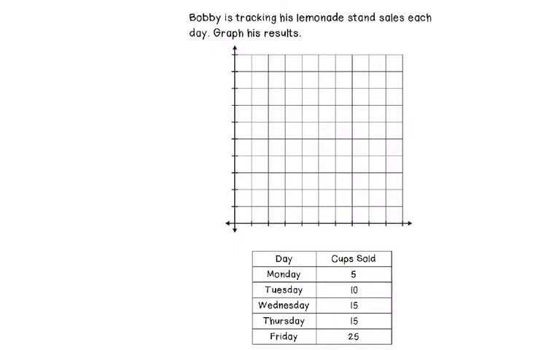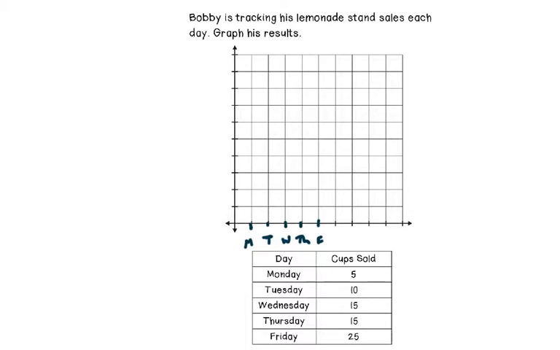In this case, Bobby's tracking his lemonade stand sales each day, and so we're going to graph his results. And if you'll notice here, there are no numbers for the days. It just says Monday, Tuesday, Wednesday, Thursday, Friday. So on my x-axis, rather than labeling it numbers, I'm going to go ahead and label it an M for Monday, a T for Tuesday, W for Wednesday, TH for Thursday, and an F for Friday.